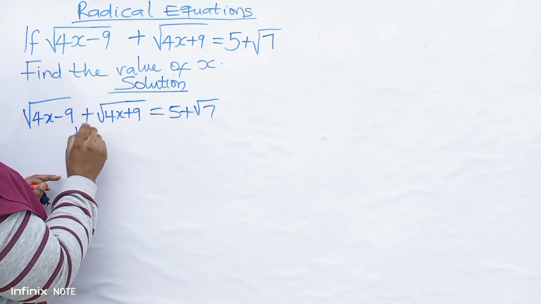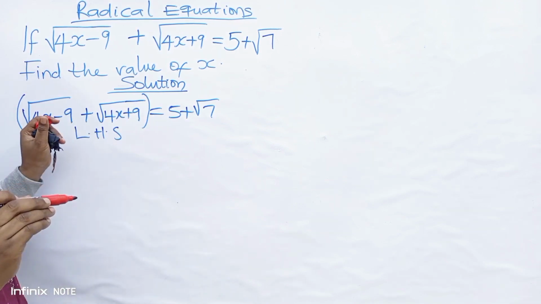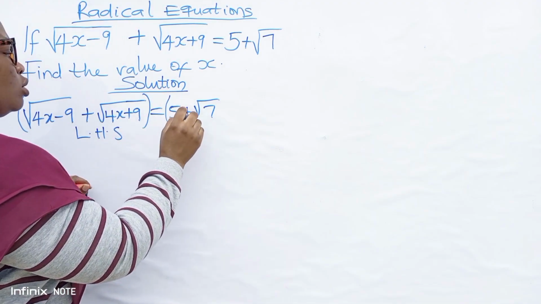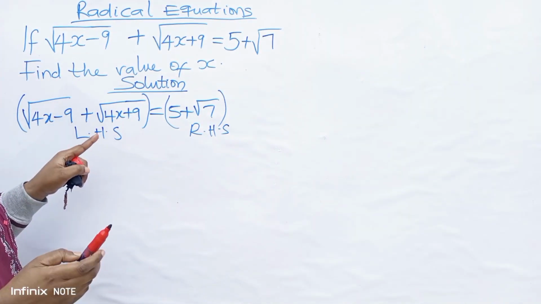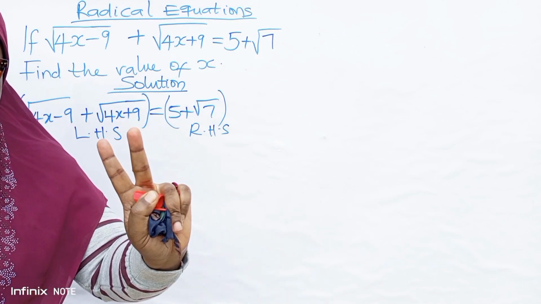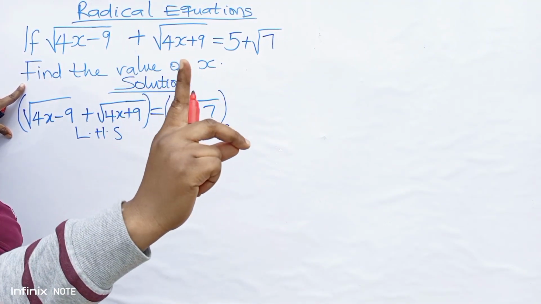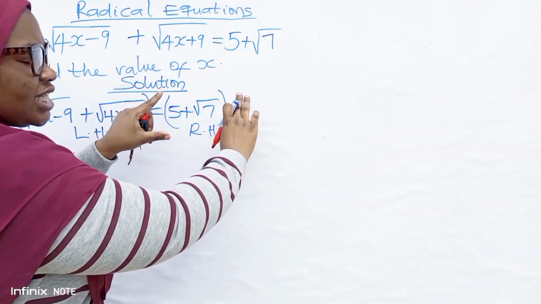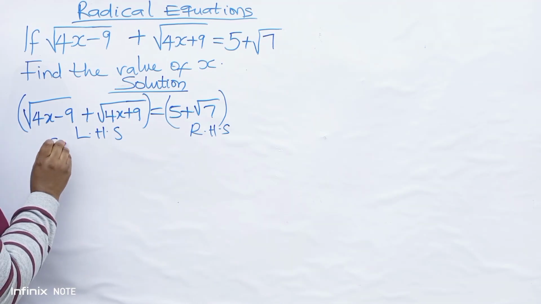The whole of this side is the left hand side, and the whole of this side is the right hand side. So that means you are squaring this side as one, and you are squaring this side as one.